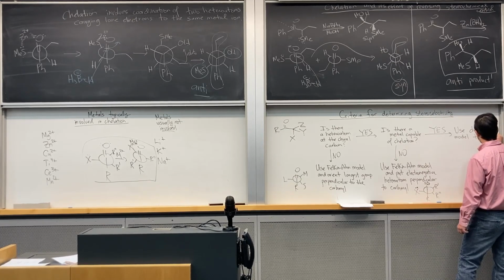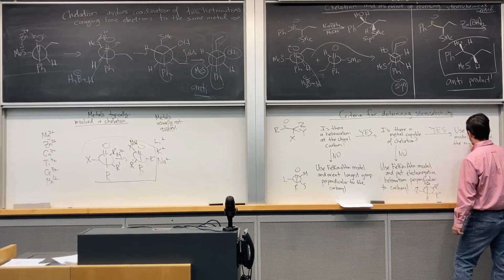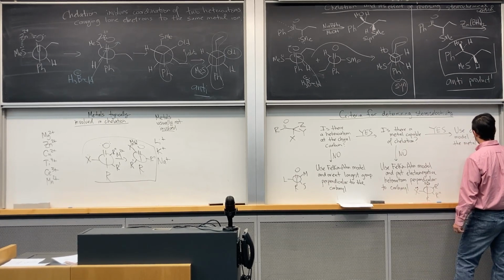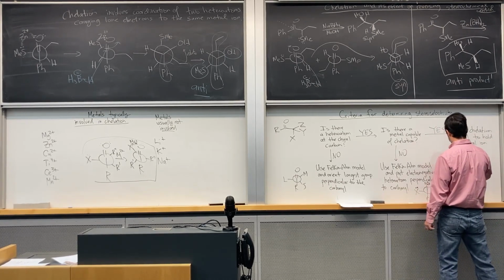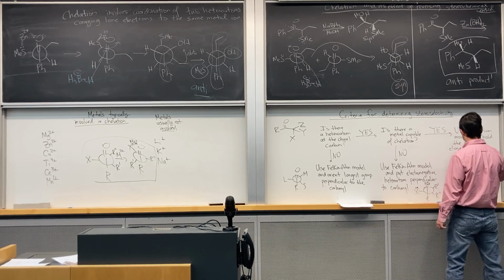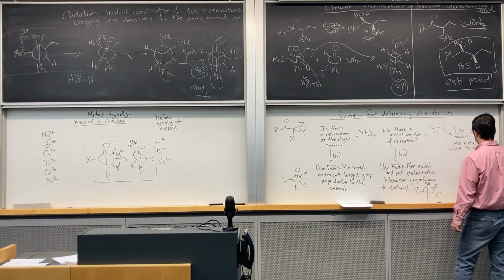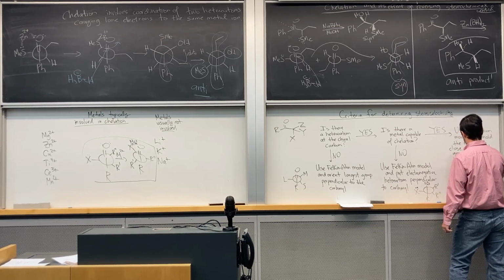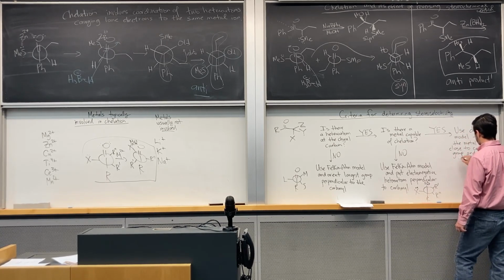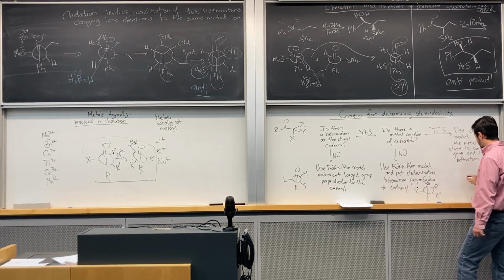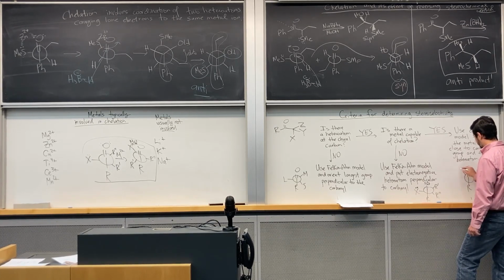And you want to hold the metal ion close to the carbonyl group and the heteroatom. So your Felkin-Anh model will shift and it will look like this. Ionic contacts.